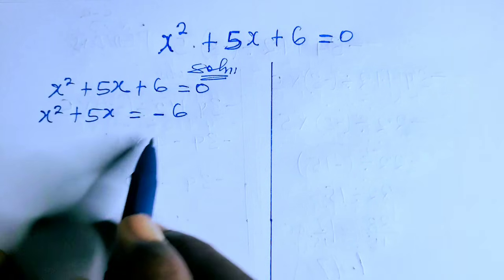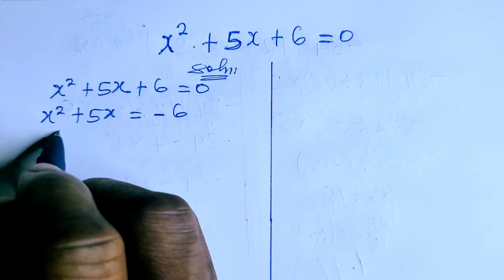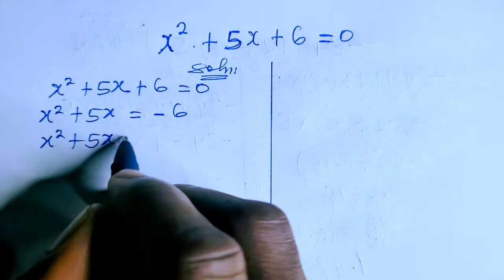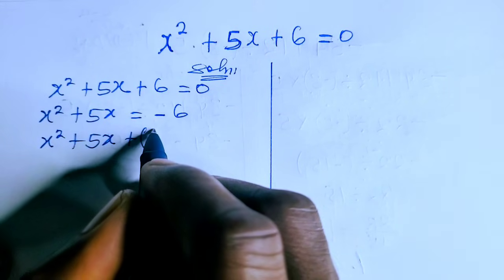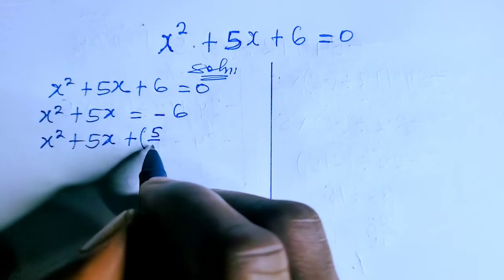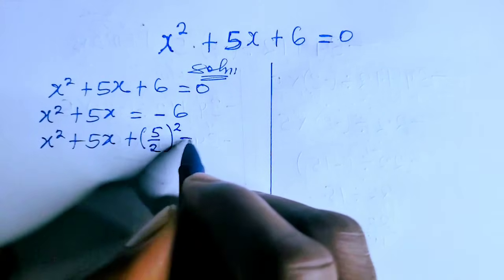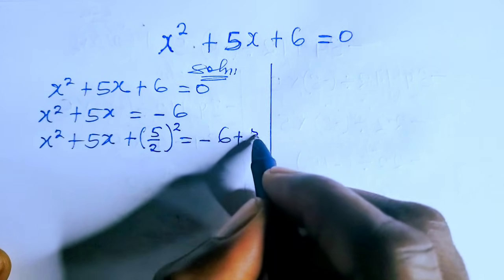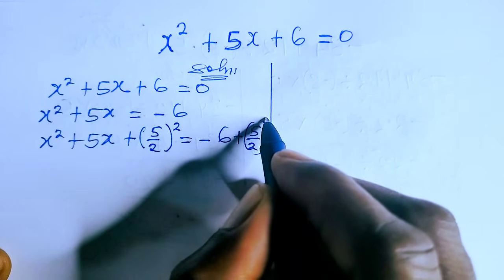If you do this, the equation becomes x squared plus 5x plus (5 all over 2) all squared equals minus 6 plus (5 all over 2) all squared.